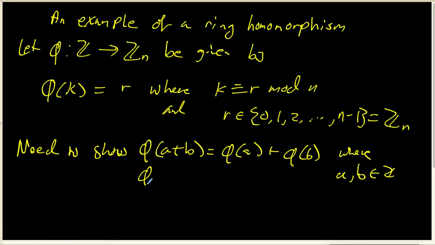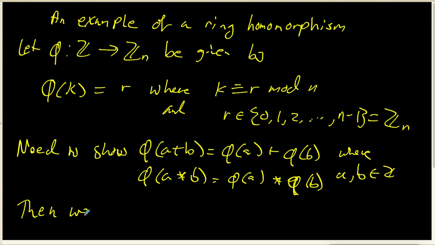And we also need to show that phi of a times b is equal to phi of a times phi of b, again where a and b are integers. If we can show this, then we can say that phi is a ring homomorphism.